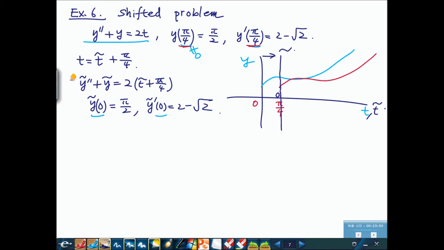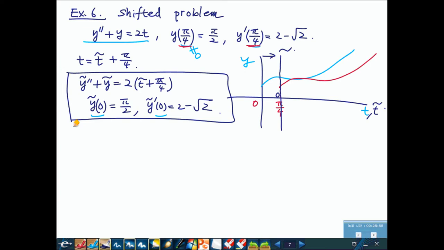Then you solve it using the Laplace transform. This is a complete ordinary differential equation of second order, and using the Laplace transform, you just solve it. s squared times Y tilde, keeping the tilde, plus pi over 2 times s plus 2 minus square root of 2, plus big Y tilde, equals 2 over s squared plus pi over 2 over s.